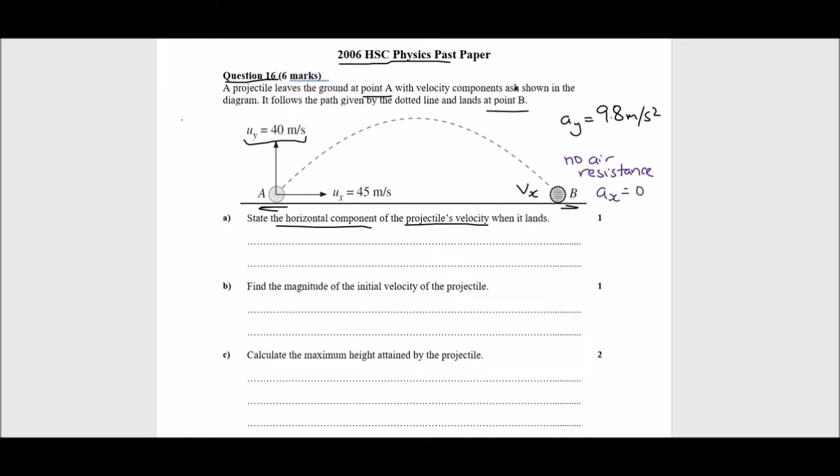And so, if there is no acceleration, there is no change in our velocity. So ux is going to equal Vx, and we're going to get 45 meters per second in that direction, or let's just call it to the right. So that's the direction it's going to go.